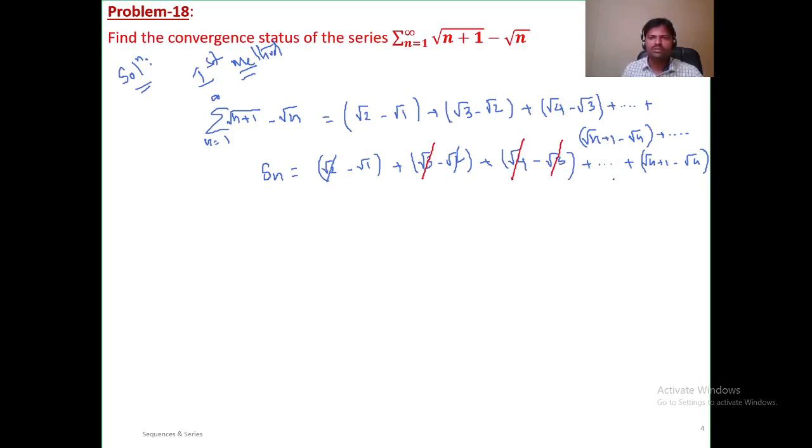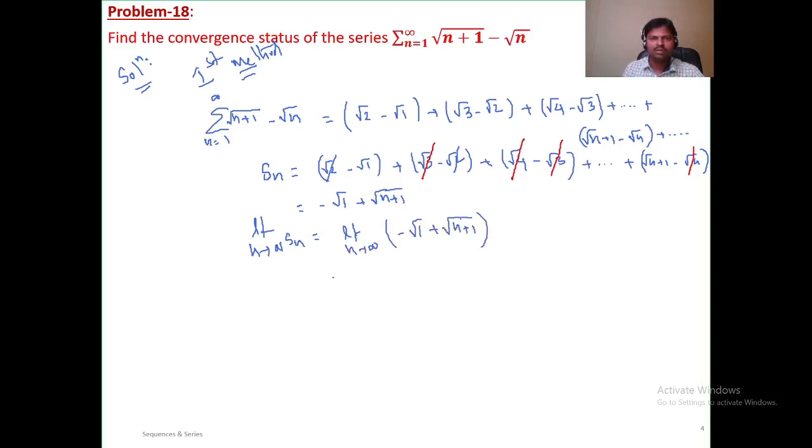Let us call this the first bracket, this the second bracket, and the terms will cancel out likewise. So what will remain here indirectly? Minus root 1, and plus root n plus 1 will remain. Now limit n tends to infinity, what will be Sn? Limit n tends to infinity of minus root 1 plus root n plus 1.